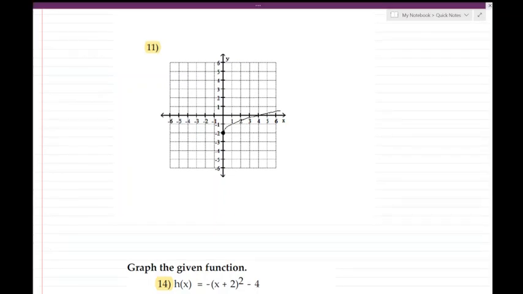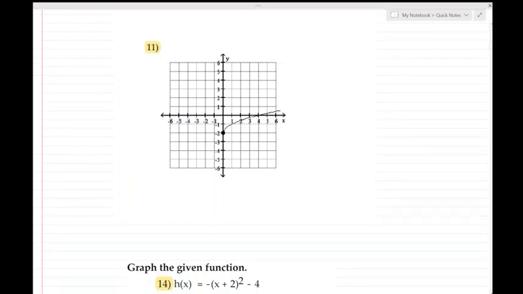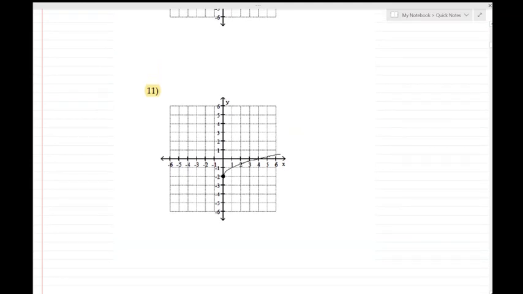Again, for number 11, the domain is where the graph is actually happening with respect to the x-axis. It starts here at 0 and goes all the way to the right endlessly. It doesn't have a stopping point. And then the range starts at -2, and then it goes all the way up.